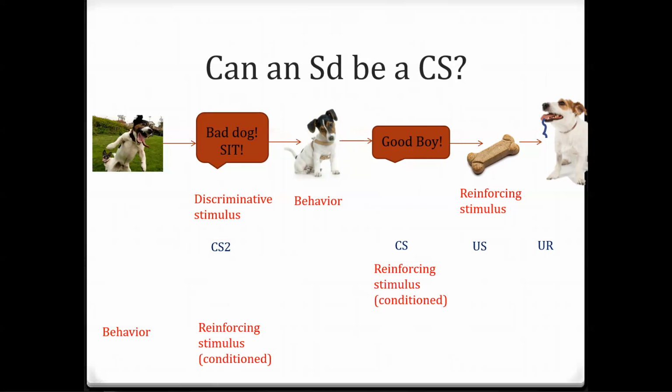So our discriminative stimulus can also become a secondary conditioned stimulus. And it's actually quite common that discriminative stimuli will show Pavlovian conditioned responses, and will pick up positive emotional conditioned responses, just like a regular conditioned stimulus.